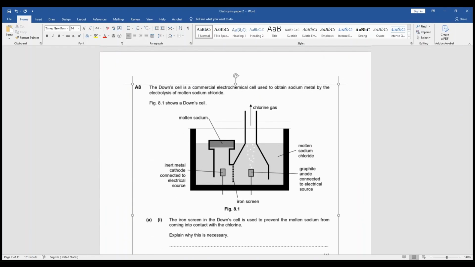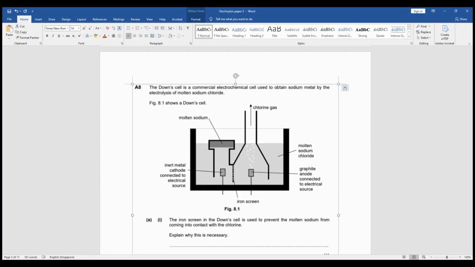Okay, next question. This is called a Downs cell. It's a commercial electrochemical cell used to obtain sodium metal by the electrolysis of molten sodium chloride. That means there's only sodium chloride, there's no water. Chlorine gas comes out from there, and you get molten sodium on top.